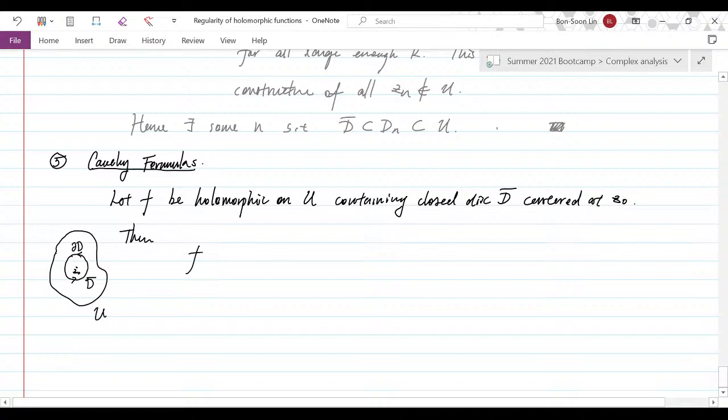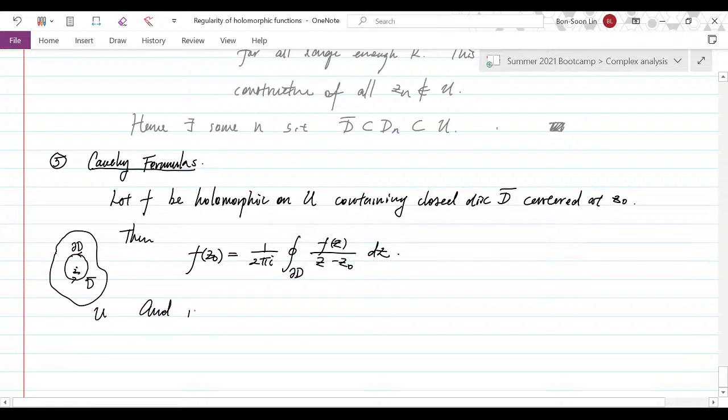Then the value F of Z0 is precisely equal to 1 over 2 pi i times the closed loop integral along this boundary of D of F of z divided by z minus Z0 dz. Okay, so this is part 1.